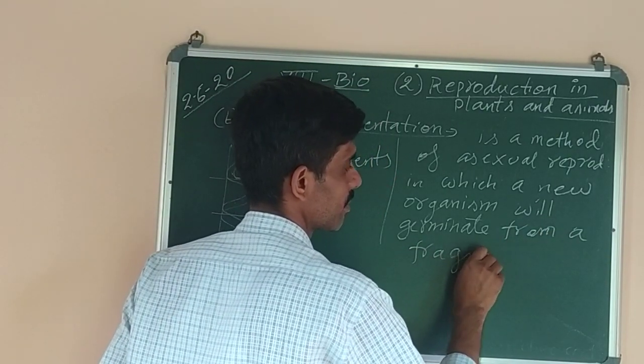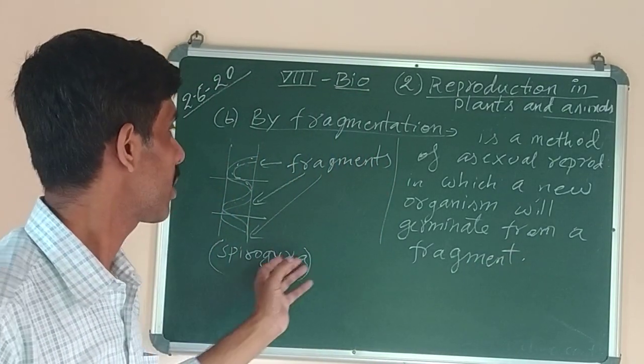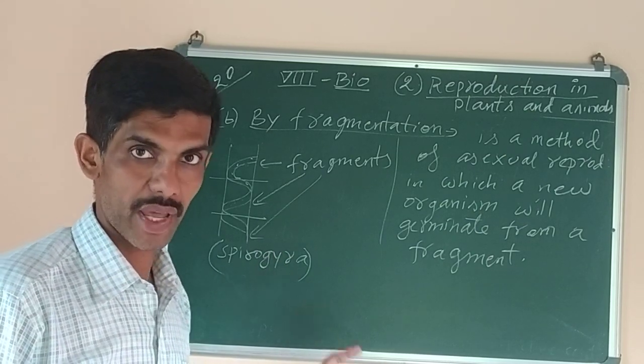Fragment means a piece. From each fragment, one complete organism can regenerate. This process of asexual reproduction is called fragmentation.